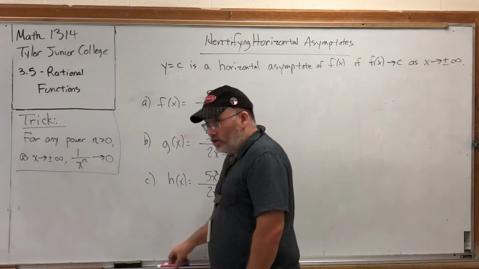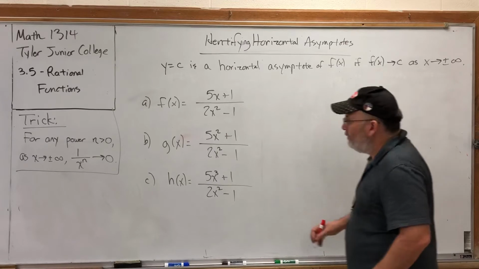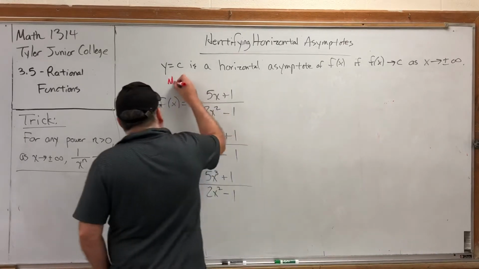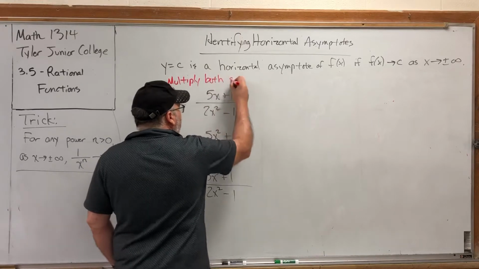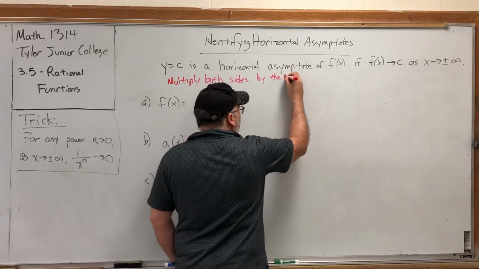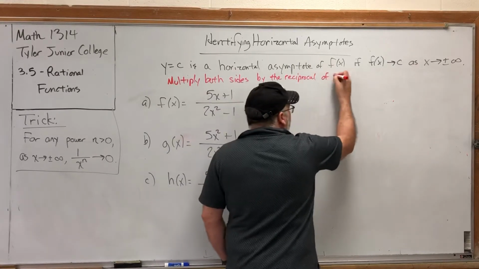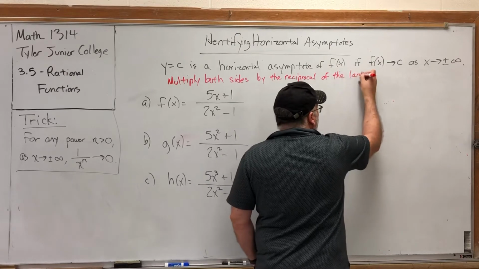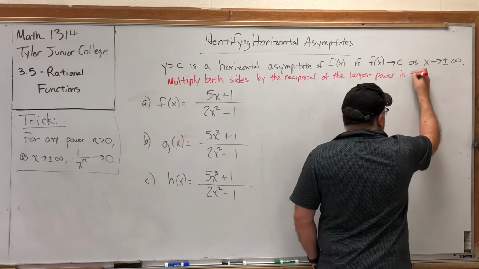Well, we're going to use another trick. The trick is to multiply both sides by the reciprocal of the largest power in the denominator.